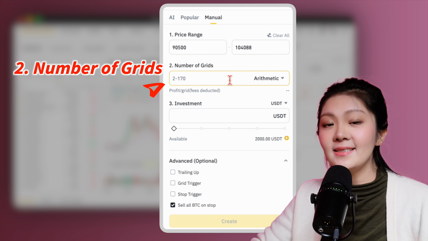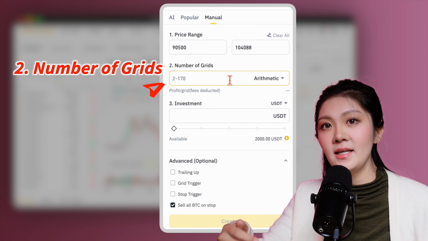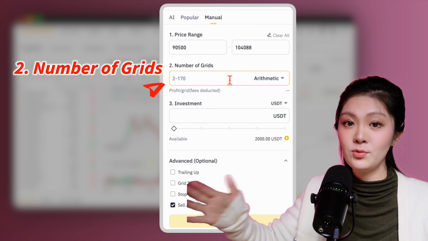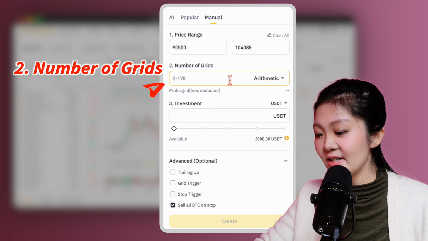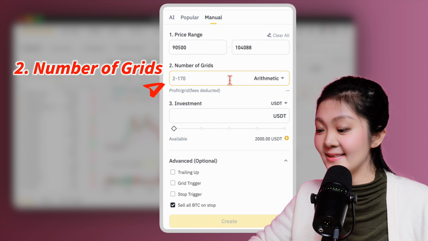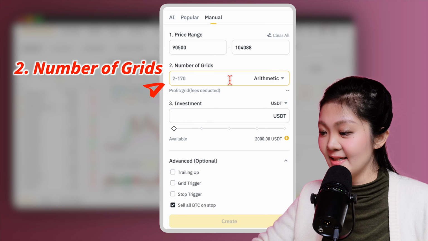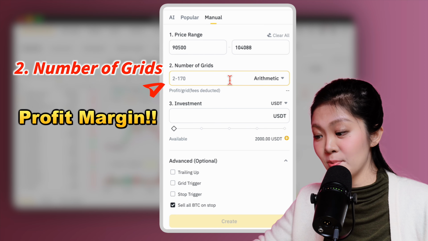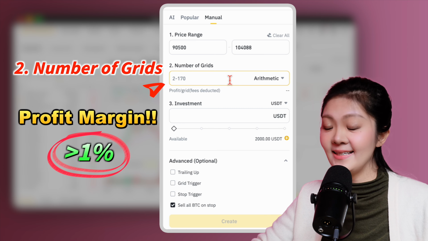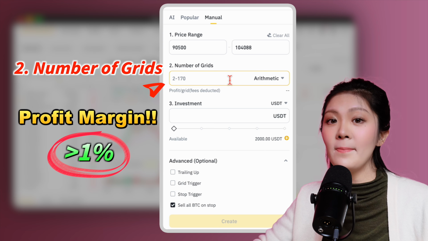And the second one is the number of grids. In short terms, it means how many grids you want to divide this range into. Here, it indicates we can put a number between 2 to 170. The number of grids influences our potential profit margins. Since we're in a bull market, I recommend setting a profit rate at around 1%.